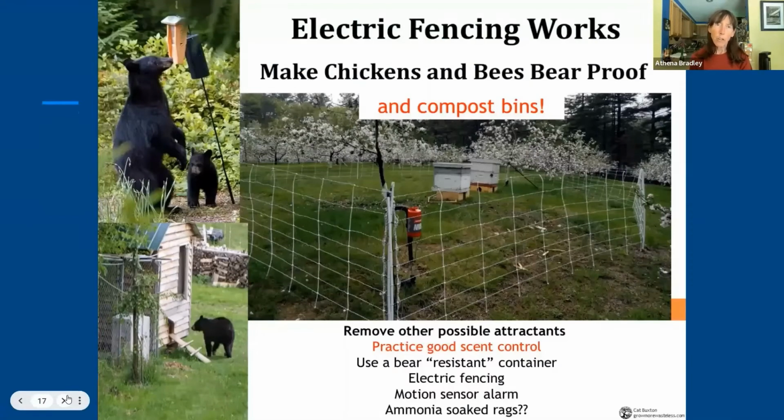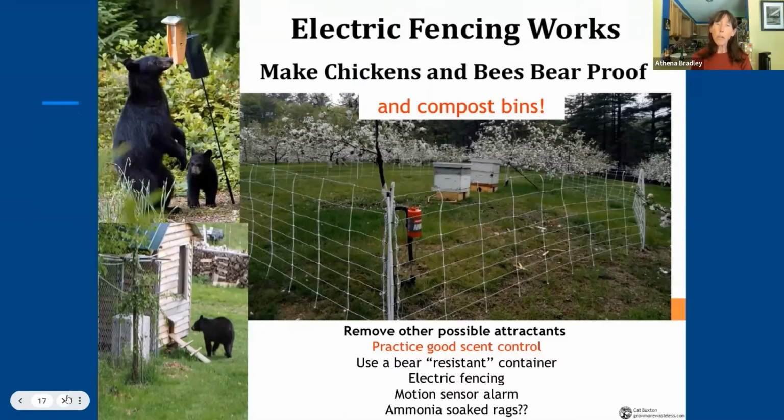Immediately in your collection cart, use wood shavings or sawdust to cover your food scraps, because that will prevent flies from laying their eggs onto the food scraps initially. And then when you put them in your pile, again, be sure to cover them immediately with your carbon sources to also prevent flies from laying their eggs onto the food scraps. That will help control an infestation of flies.